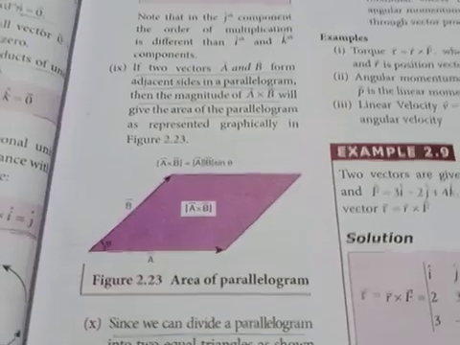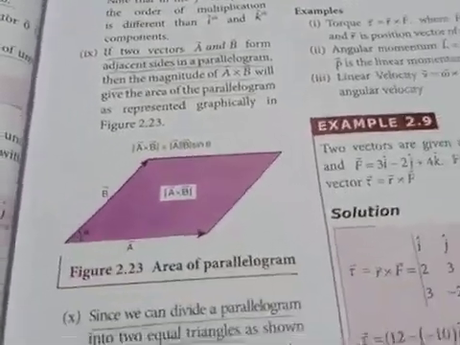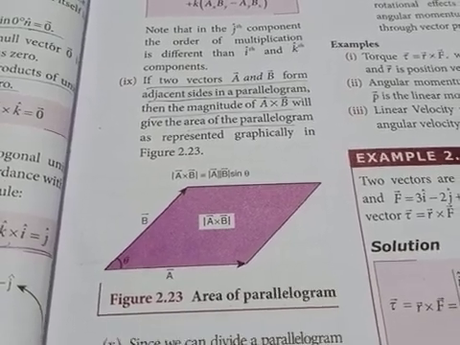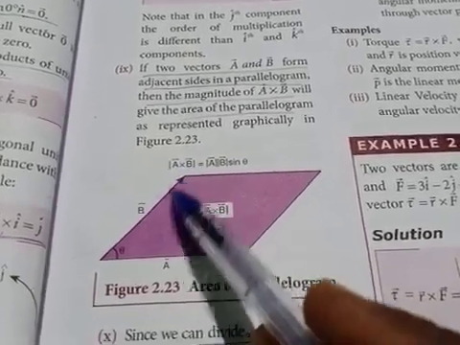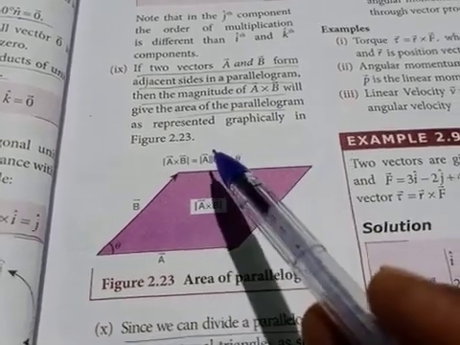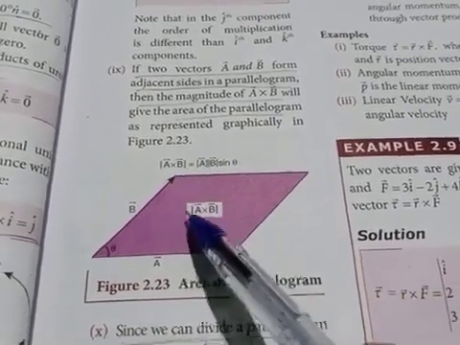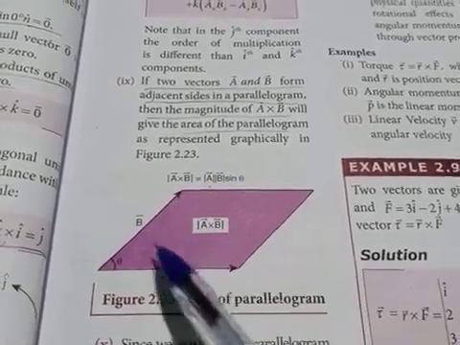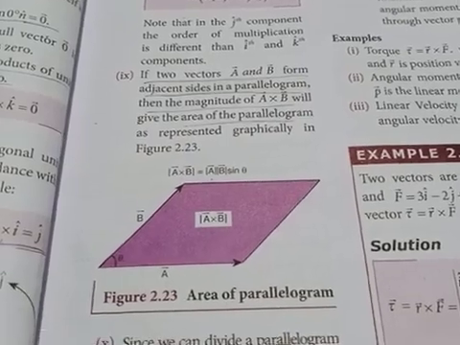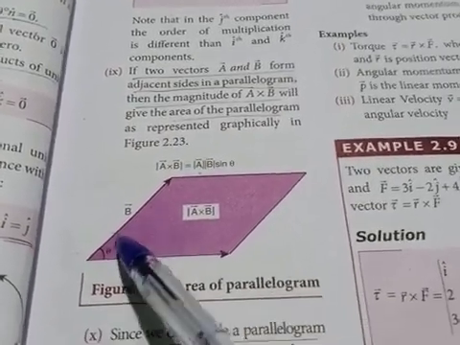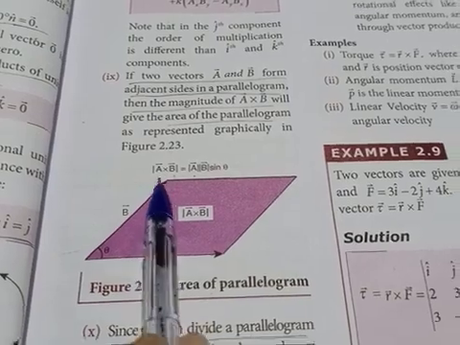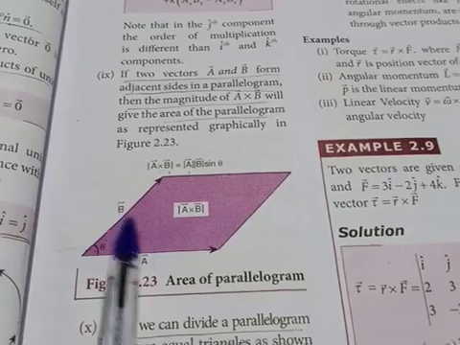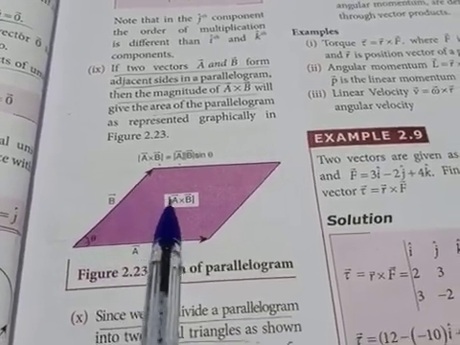Then the ninth point: if two vectors A and B form adjacent sides of a parallelogram, then A cross B gives the area of the parallelogram.